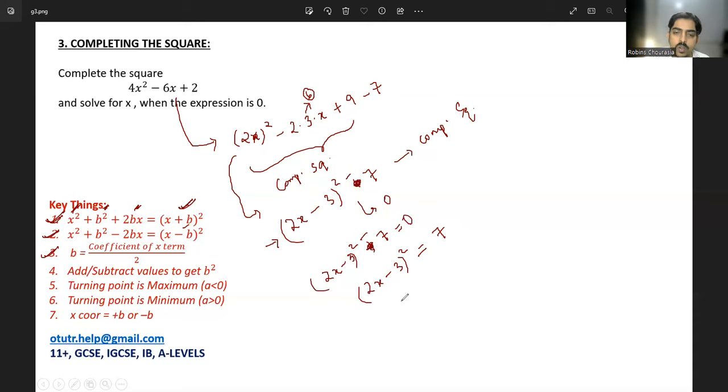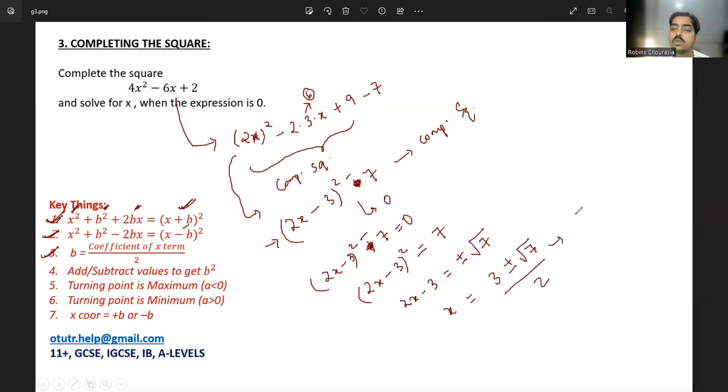So 2x minus 3 is equal to, when you take the square root, you always remember there are two values possible, plus minus root 7. And then you can bring the 3 to the other side, so it becomes plus 3, and divide by 2. So you will directly get 3 plus minus root 7 over 2.